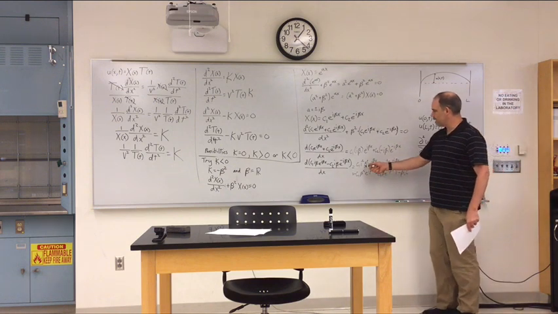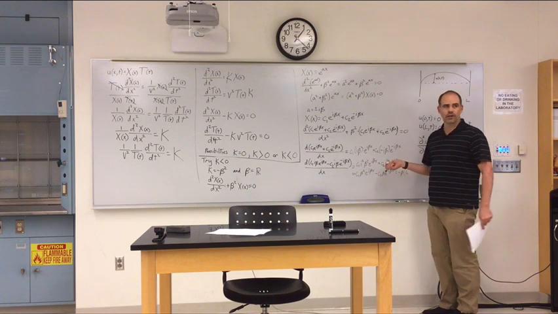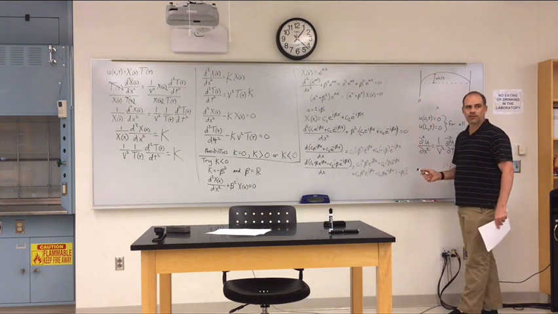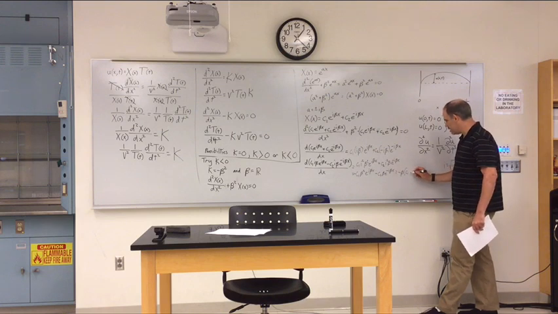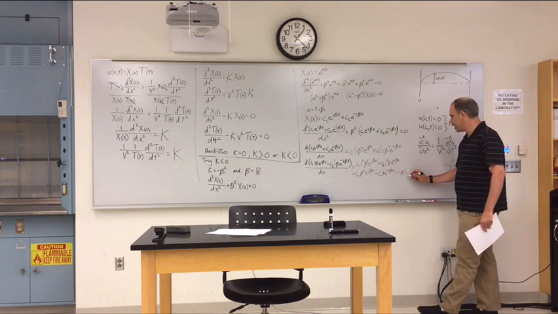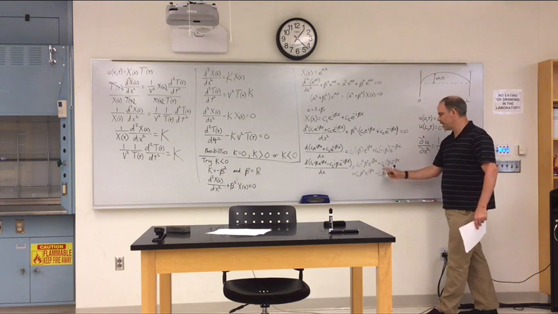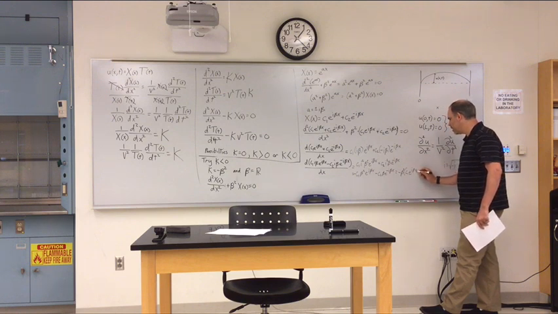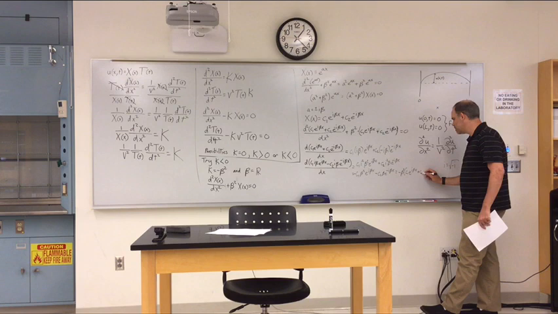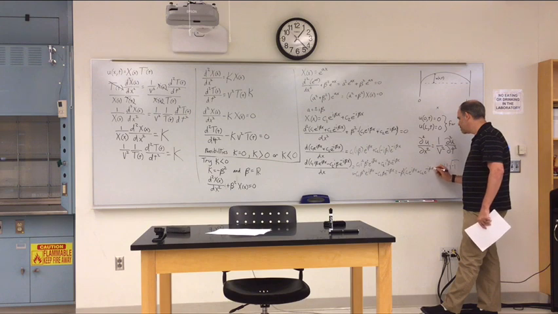Here we had i squared, and there we had i squared, and that's what gave us the change of sign. So we could write this also as negative beta squared times c1 e to the i beta x plus c2 e to the minus i beta x.